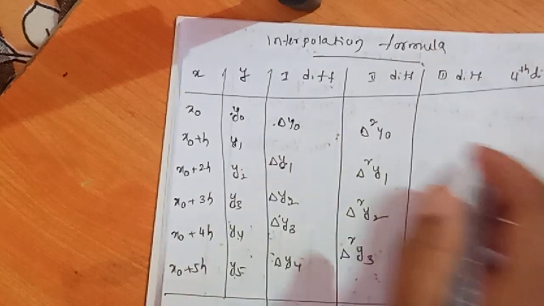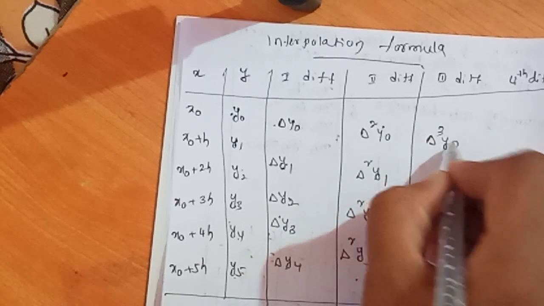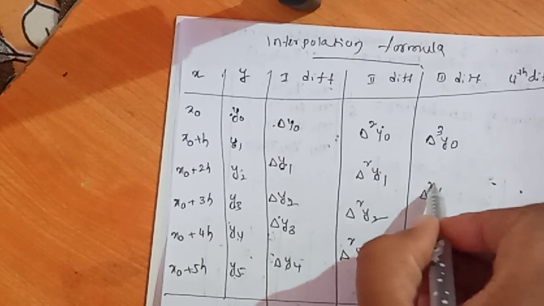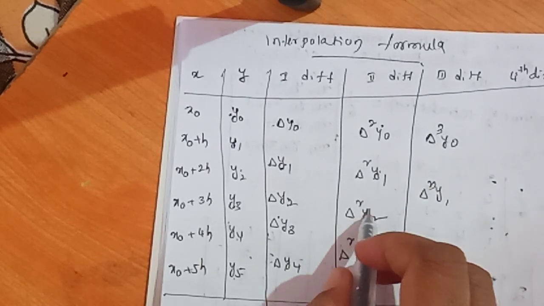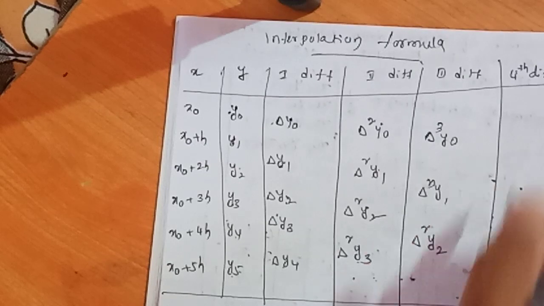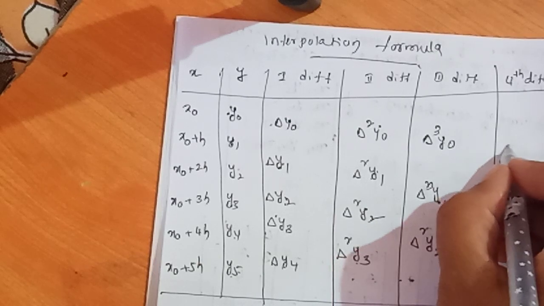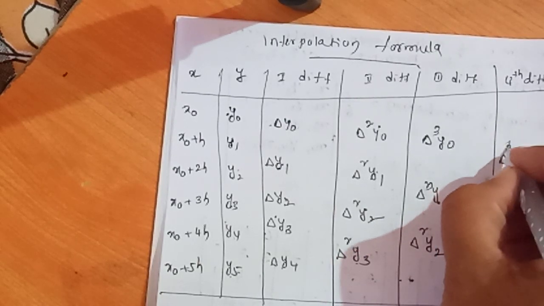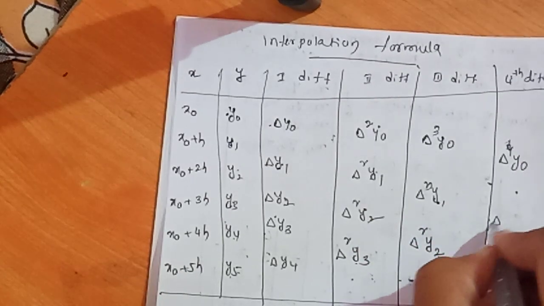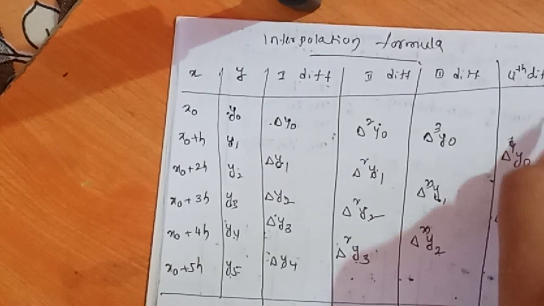Now the third difference: delta square y1 minus delta square y naught, delta cube y naught. Delta square y2 minus delta square y1, delta cube y1. Delta square y3 minus delta square y2, delta cube y2. Now the fourth difference: delta cube y1 minus delta cube y naught, delta to the power of 4 y naught. Delta cube y2 minus delta cube y1, delta to the power of 4 y1.